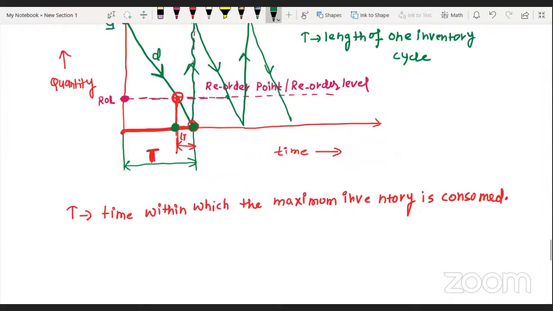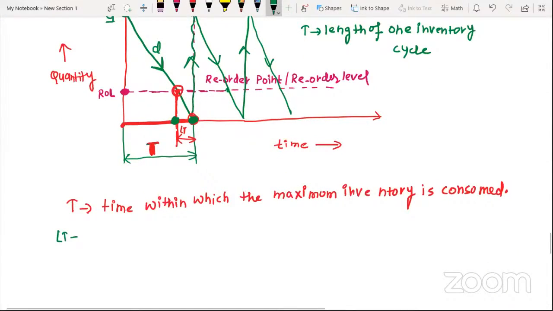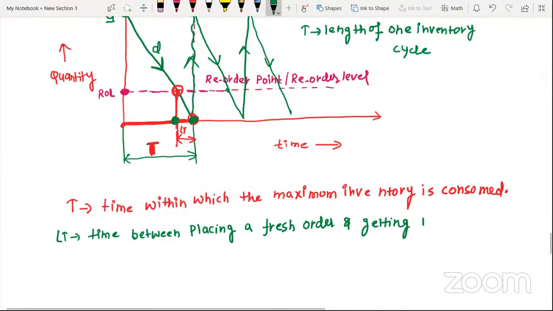So LT can be defined as the time between placing a fresh order and getting the previous inventory consumed. So this is the lead time.